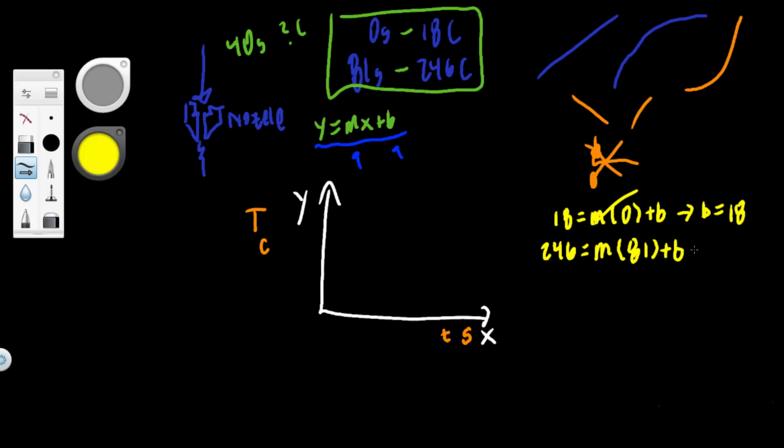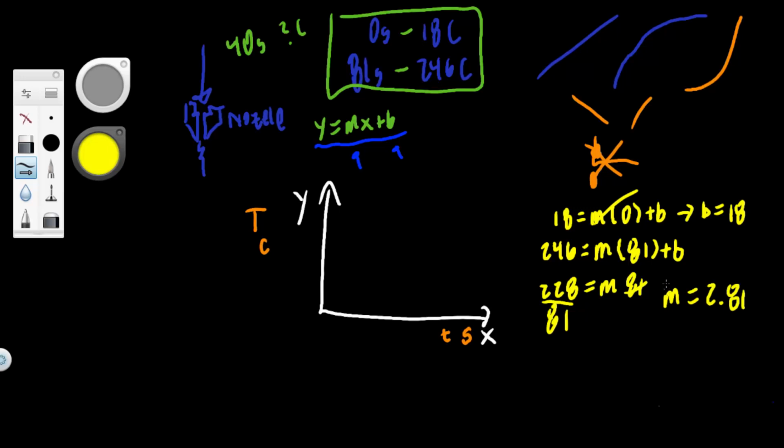Now we can solve this one more directly. We have to get the 18 away from both sides, so we have 228 equals m times 81. Now we divide both sides by 81, and m will equal 228 divided by 81, which is 2.81.